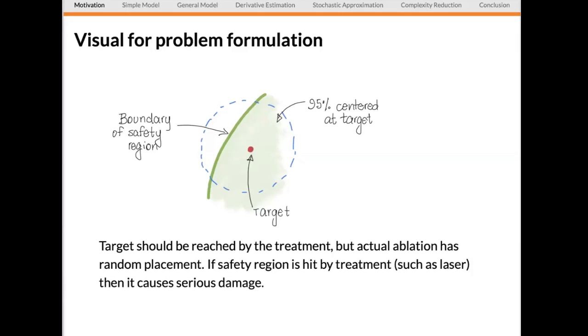So if you aim at that target, the actual point where it ends is a random variable, and the 90% area centered at the target would be this area. But the boundary safety region tells you that you have to be in this region. So there is a big part of it that wouldn't satisfy certain constraints.